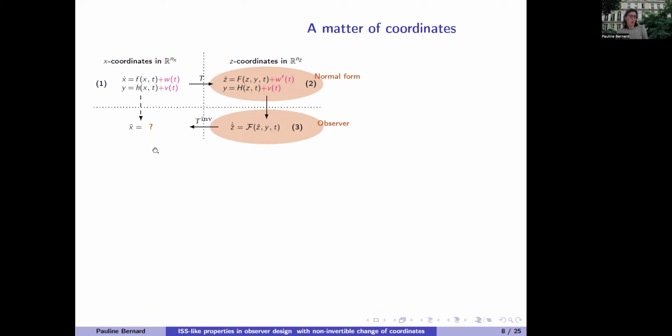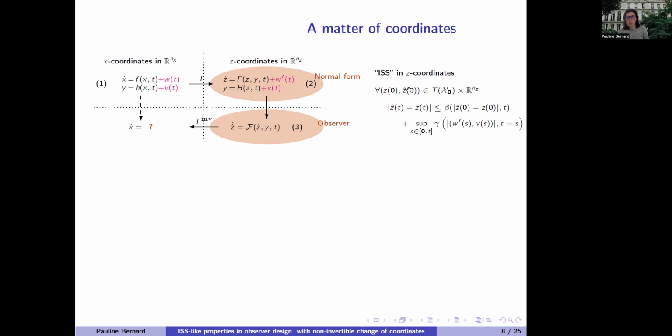So let's come back to the change of coordinates I was telling you about. Generally, what happens is that you design your observer in the Z coordinates. In all the designs I mentioned, the high gain, the KKL, etc., you typically have ISS conditions in those coordinates, okay?